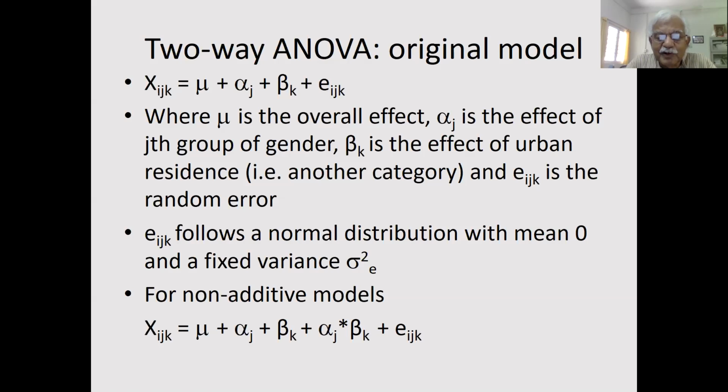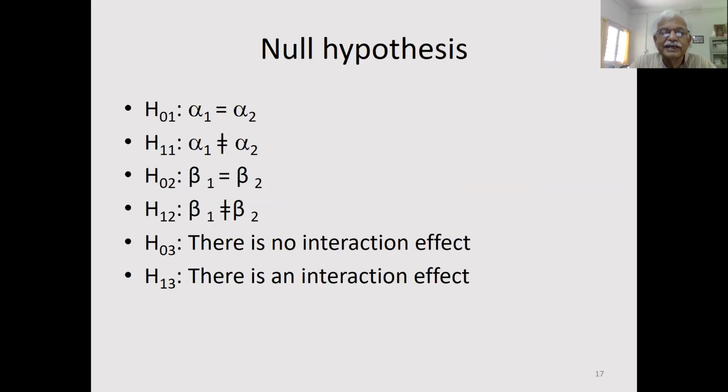The non-additive model or the model with interaction would look like Xijk equal to mu plus alpha j plus beta k plus alpha j multiplied by beta k. This is an additional term which stands for interaction, plus Eijk as usual. Now this time obviously Eijk will be smaller than in the previous case because of addition of the term alpha j into beta k.